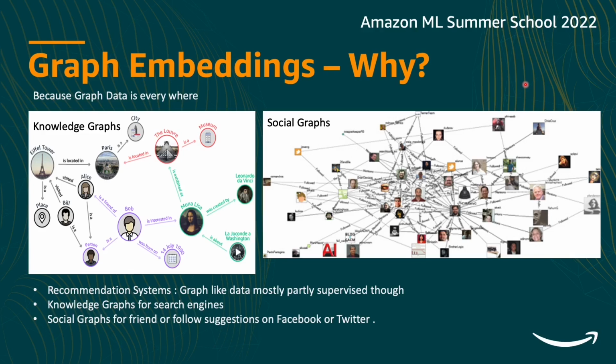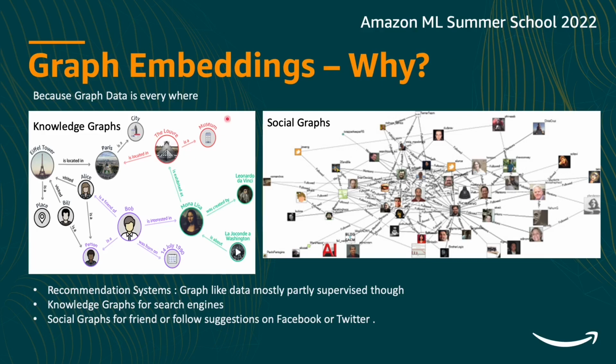Even if we take text or sentences, we can consider them as a case of a one-dimensional graph. And even an image, we can consider as a rectangular 2D graph. There are many different graphs coming from many different domains.